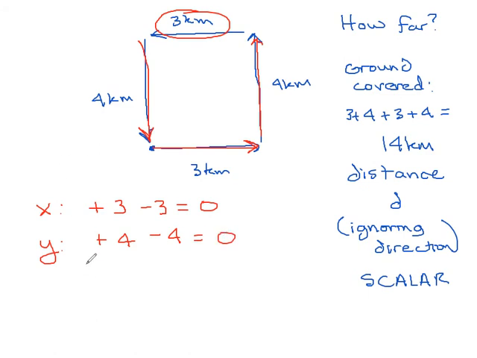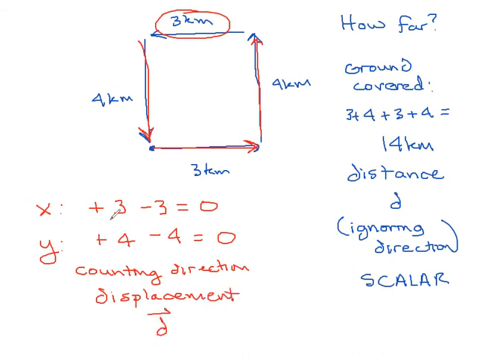If you're counting direction, then what you are finding is a displacement. And the symbol for that is a D with a little arrow on it. The displacement here is 0.